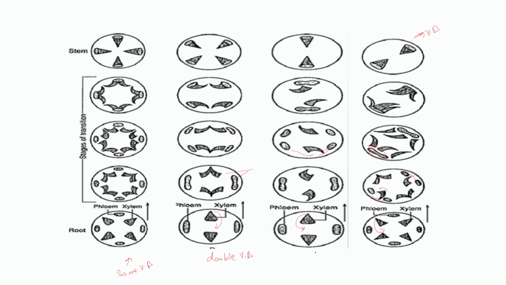In this case also it remains the same, however the pattern of division is slightly different. In this xylem was bifurcating, in this phloem is bifurcating. In this case you have half the number of vascular bundles. So this is all about the transition.